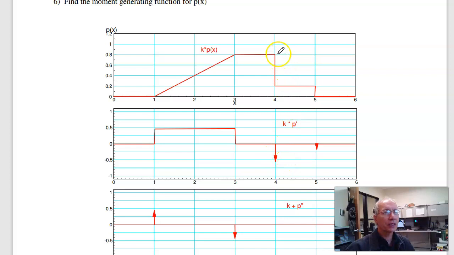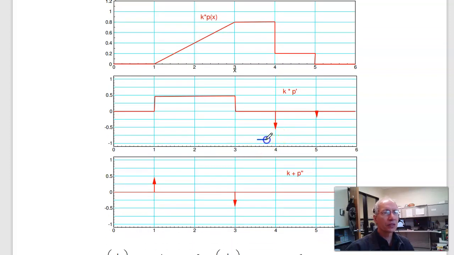So here's a delta of minus 0.8. So this is going to be minus 0.8 times 1. The Laplace transform of a delta is 1. Delayed by 4 seconds, e to the minus 4s. Here's the delta function with an amplitude of minus 0.2. So this is minus 0.2 times 1, e to the minus 5s.